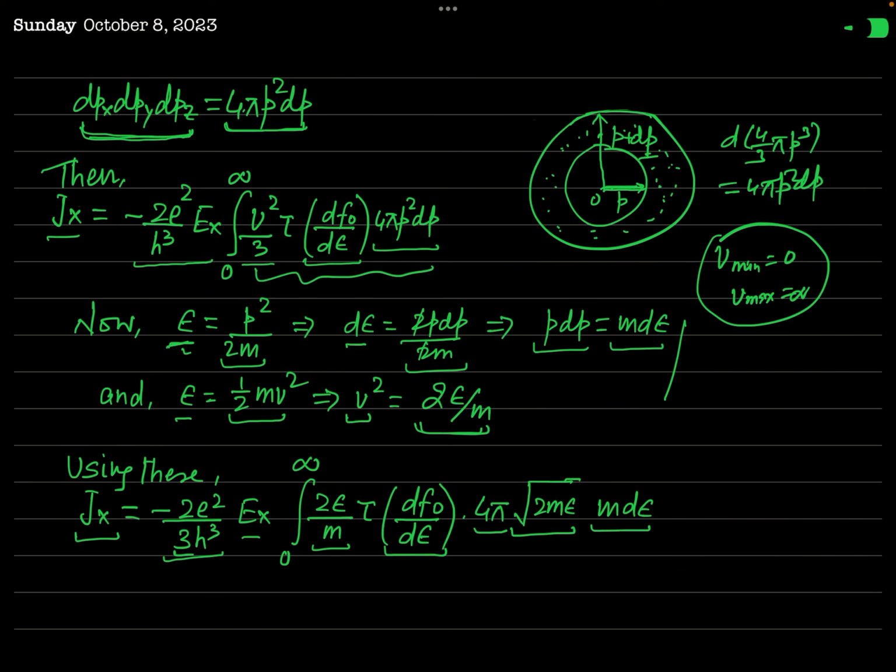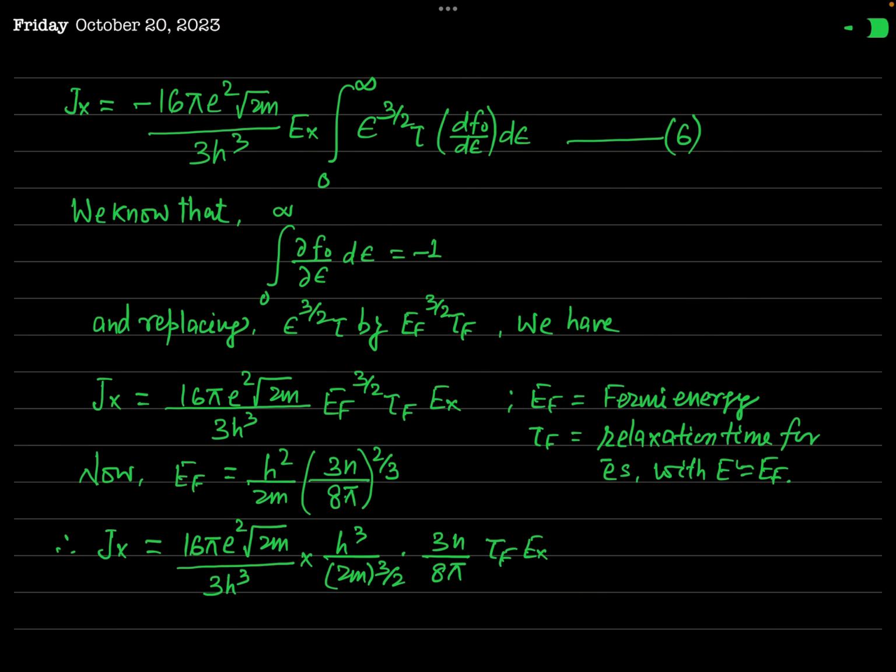For p dp we will write m d epsilon. Okay, so after simplification, your result will be Jx is equal to minus 16 pi e square root of 2m over 3h cube Ex, integral 0 to infinity epsilon to the power 3 by 2 times tau df naught by d epsilon d epsilon. You can also write it as df naught by d epsilon d epsilon.